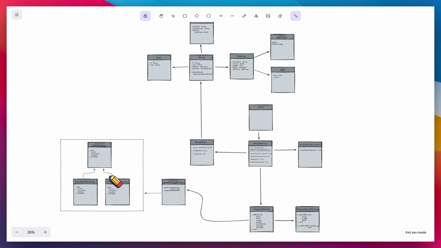Once that object is created, we would be able to create the expense object, and once the expense object is created, we will be updating the balance sheet of all the users with the help of the balance sheet service. Okay, so I hope you now have a clear understanding of the entire flow of this application. So now let's check out the output.